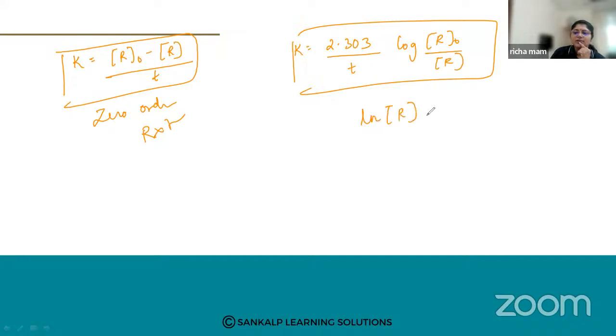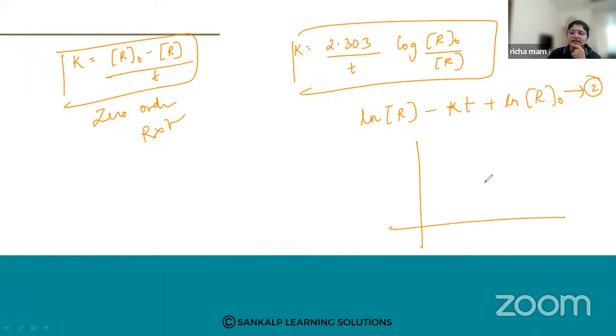Then, what was equation 2 in the first order reaction? ln of R equals minus kt plus ln of R naught. By taking equation 2, this will represent a straight line, where we are plotting a graph of ln of R versus time.